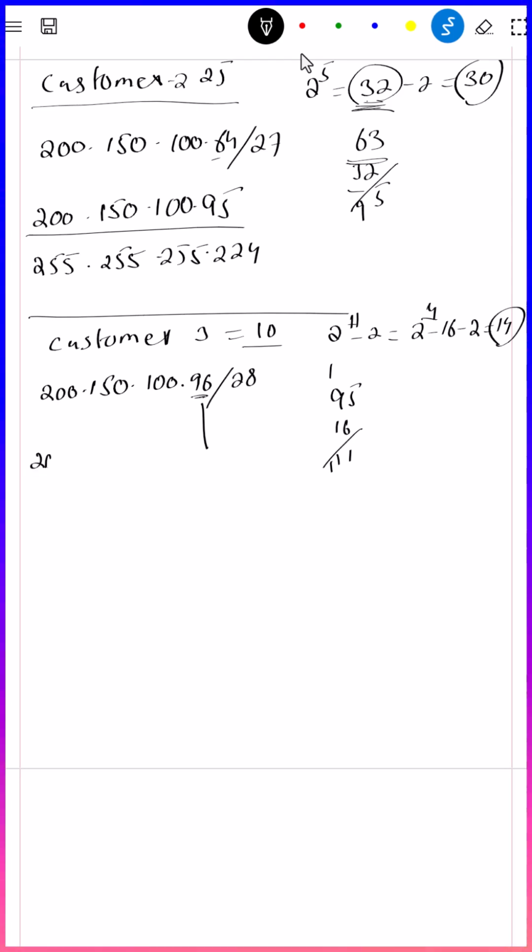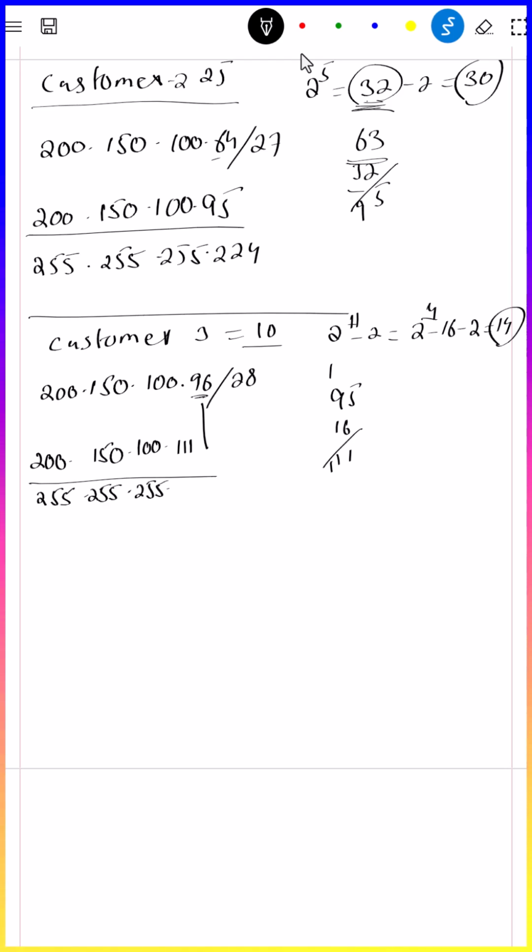Okay, so 200.150.100.111. The subnet mask has changed: 255.255.255.240. Why 240? Because 4 bits are borrowed. This 240 is the value of these 4 on bits.